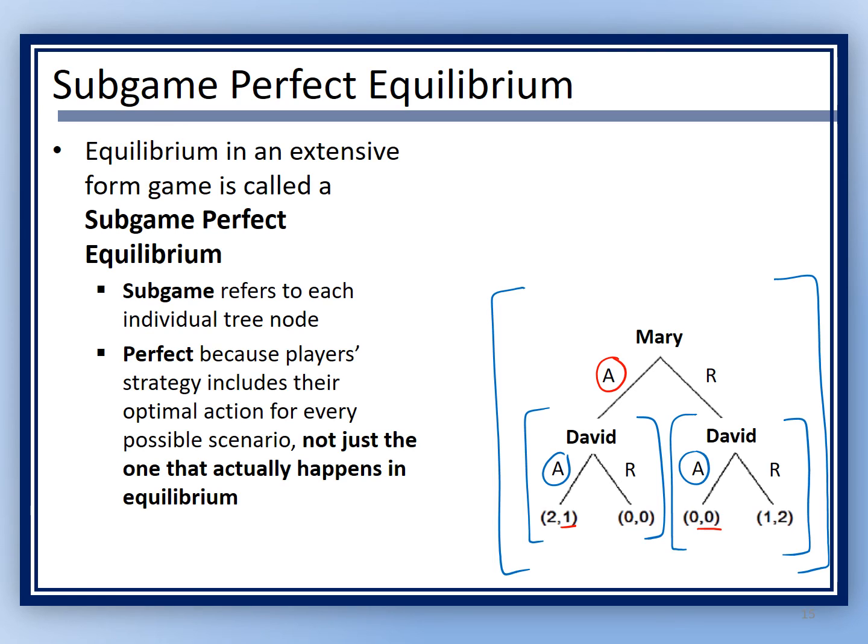Everyone has to make a decision that is optimal within that particular scenario. So the suboptimal plan alters equilibrium.